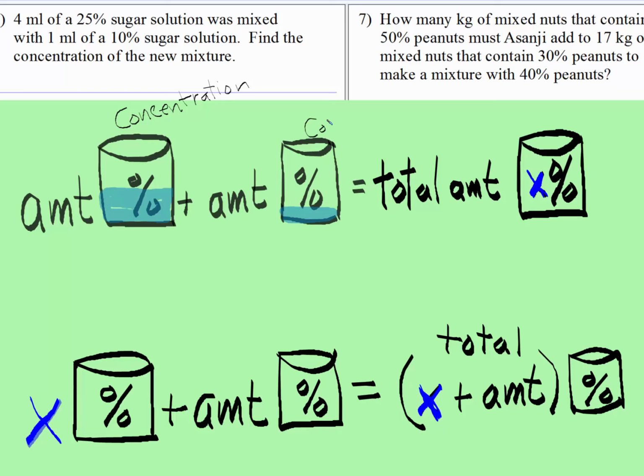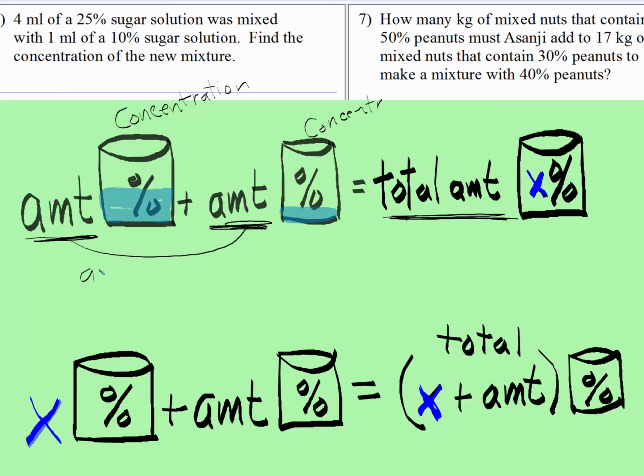The percent is always the concentration of things. So the easy setup was if they give you an amount and they tell you the concentration, they give you another amount, they tell you the concentration. Well, these two amounts can be added together to get the total amount, and then you just solve.